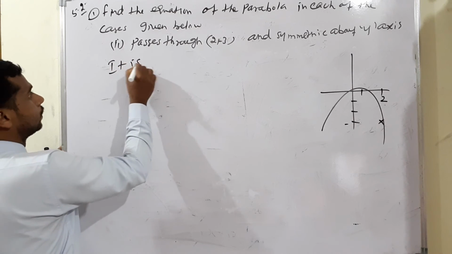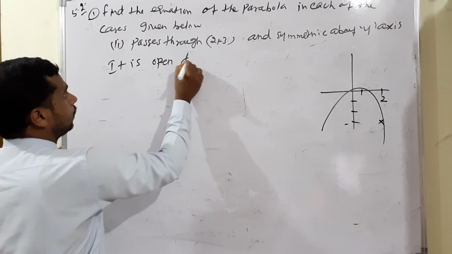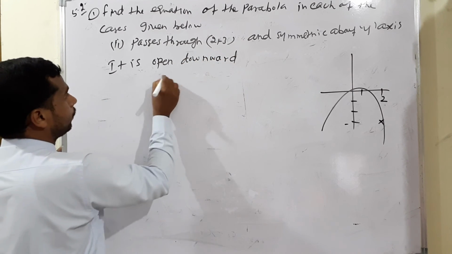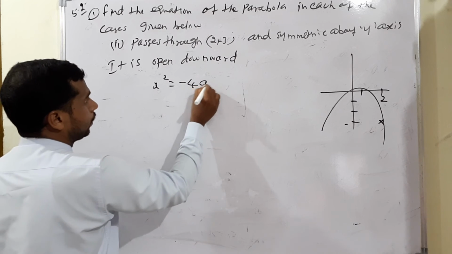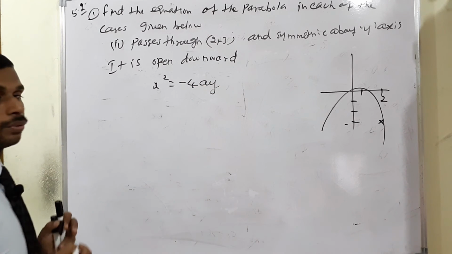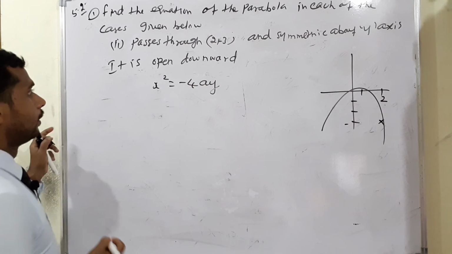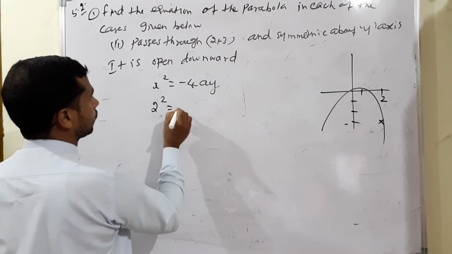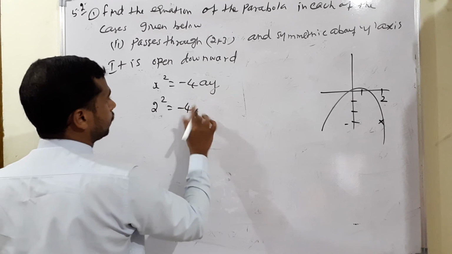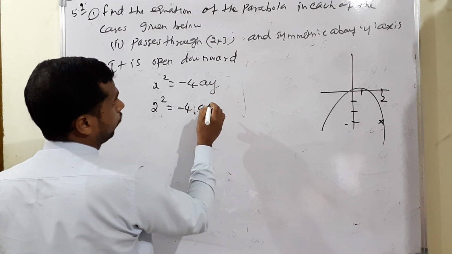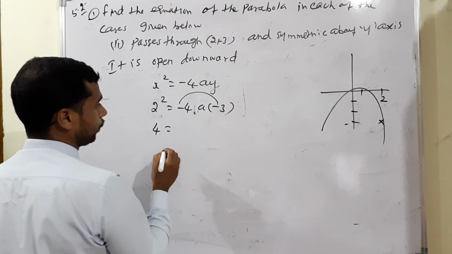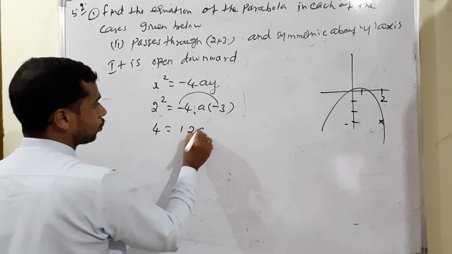Open downward means x square is equal to negative 4ay. First we have to find out the value of a. So the condition (2, minus 3): x is equal to 2. Therefore 2 square is equal to minus 4 into a into y value negative 3. Therefore 4 is equal to negative into negative, positive. 4 threes are 12a.